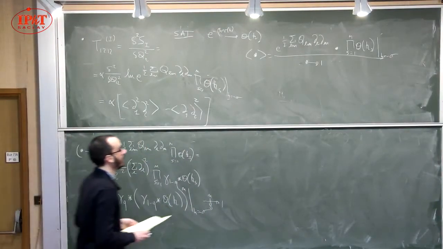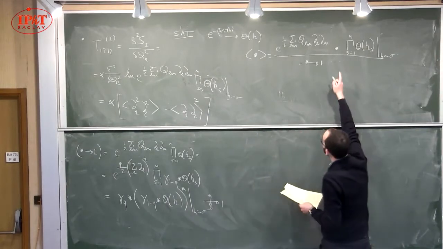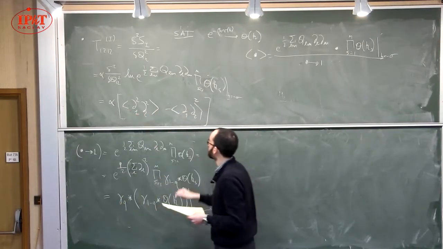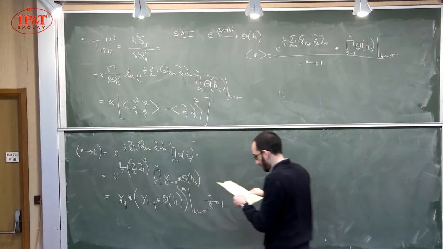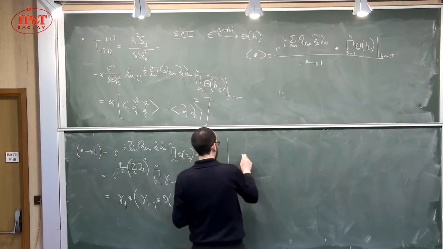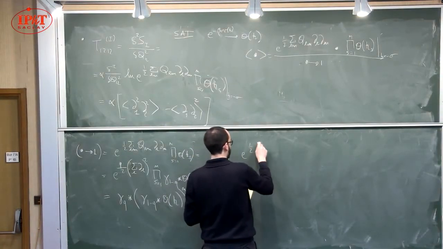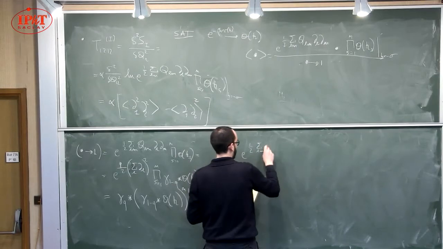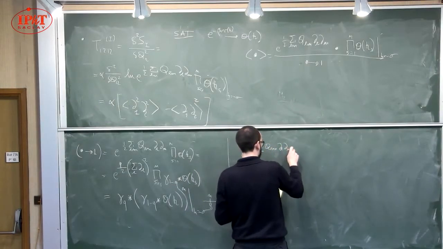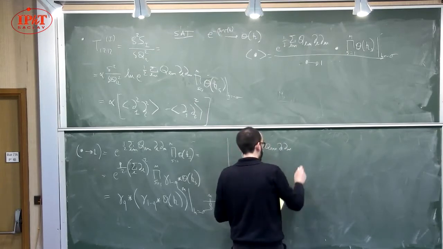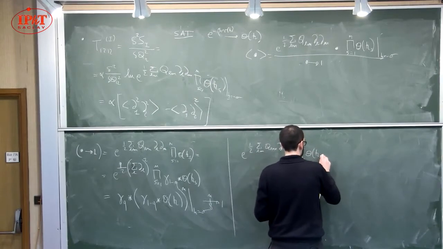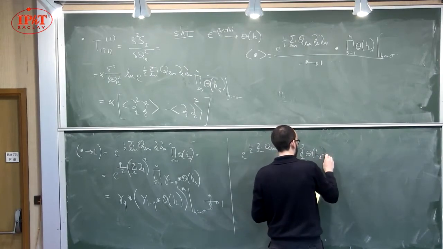Okay, and now let me consider the numerator. So, for example, let me compute this one. So what I need to compute is, then I have d1 squared theta. Let me write this way.